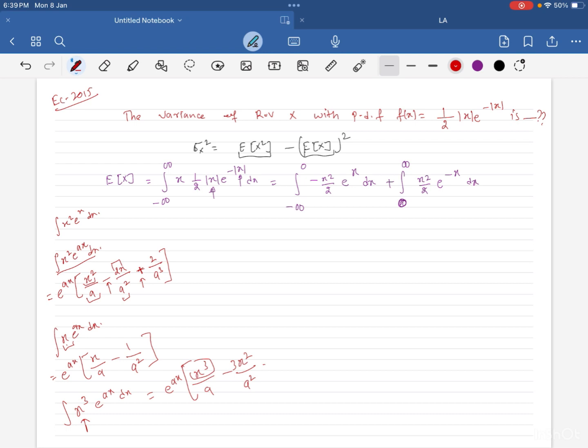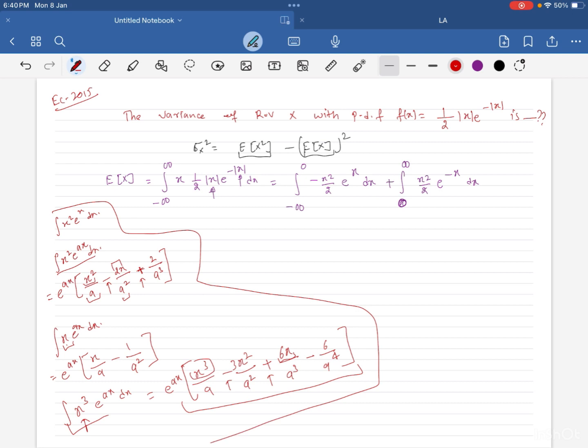Now write the plus, alternate sign, plus minus plus, this is going to be 6x divided by a cube, and now minus, again differentiate this, you are going to get 6 divided by a to the power 4, right? So this is the integration of this. So you can keep this in your bucket, right? That is going to reduce your calculation, right?